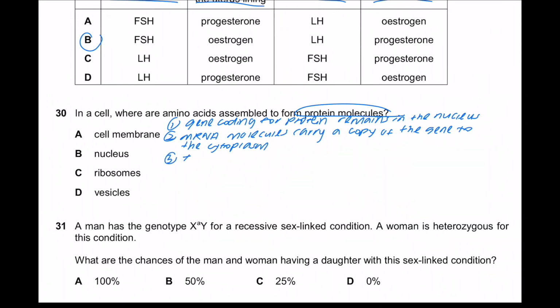Then the mRNA passes through the ribosome, then the ribosome assembles the amino acids into protein molecules.